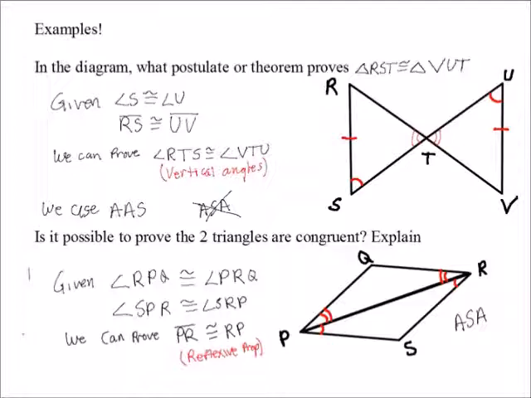So yes, it is possible. And we would use angle, side, angle, because we have an angle, the side, and the angle. The side is in between. Angle, side, angle.